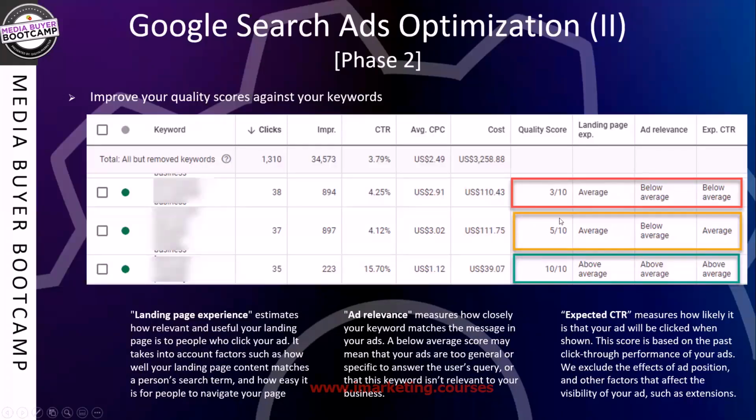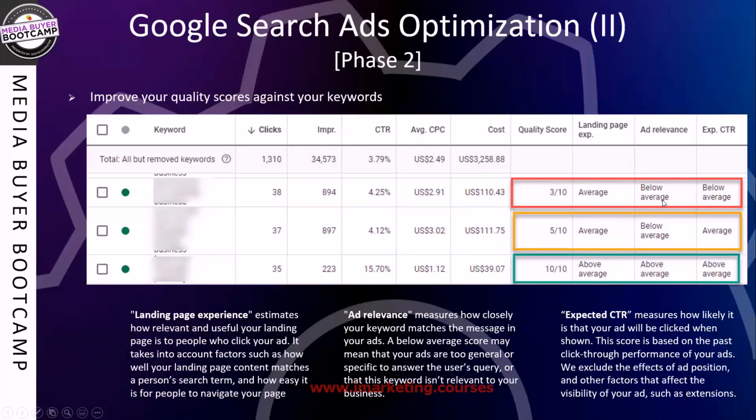But how do you go about improving your quality scores? Well, there's lots of things you can do. For example, this keyword says the ad relevance is below average. It means that in the various ads associated with this keyword, we generally have a low ad relevance score.